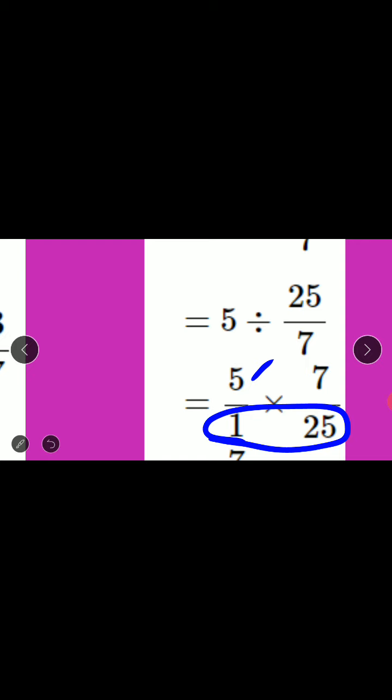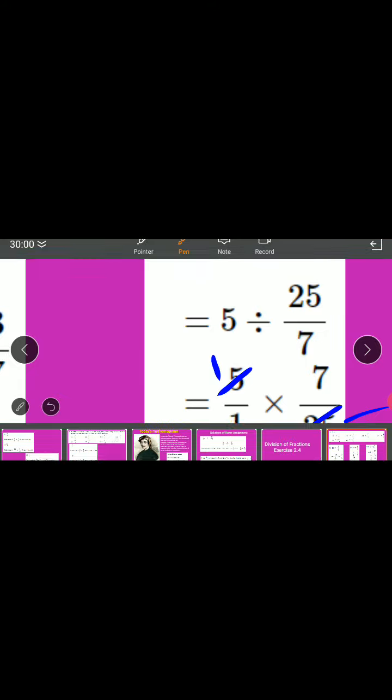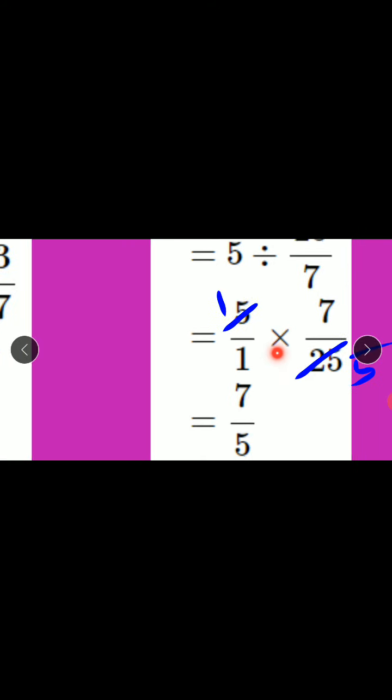Of course 25 is divisible by 5. So the numerator 5 and the denominator 25 can be divided by the common factor 5. So let's divide. 5 ones are 5, 5 fives are 25. And see whether there is any other numerator and denominator which can be divided by a common factor. No. So let's go to the next step.